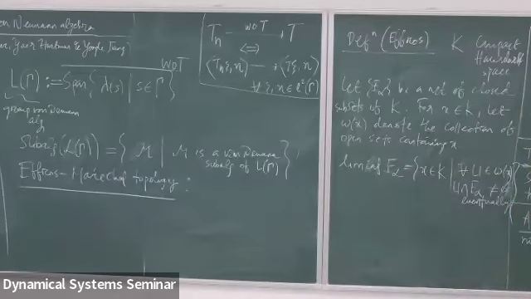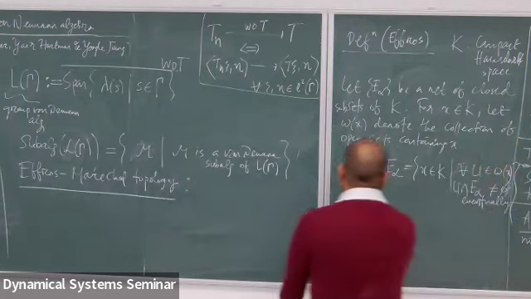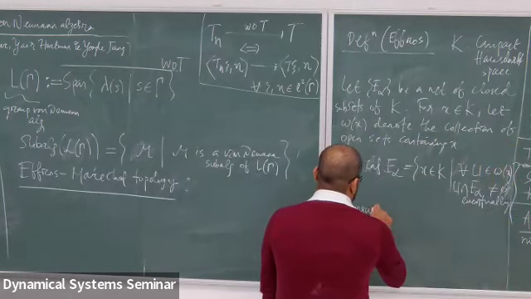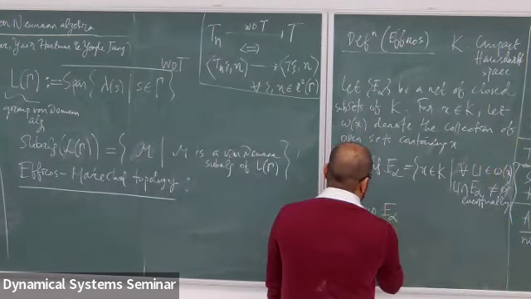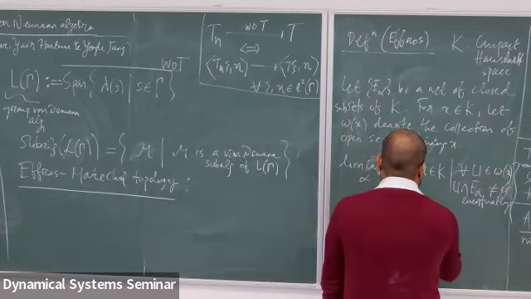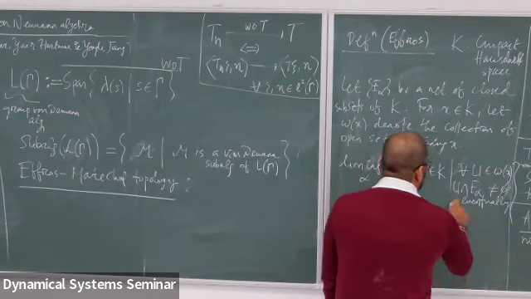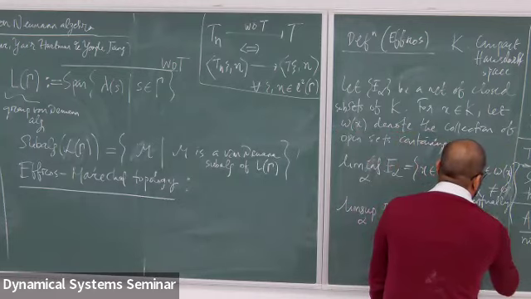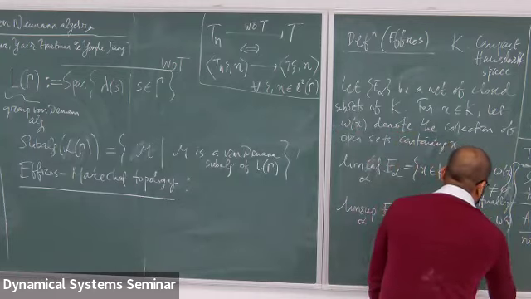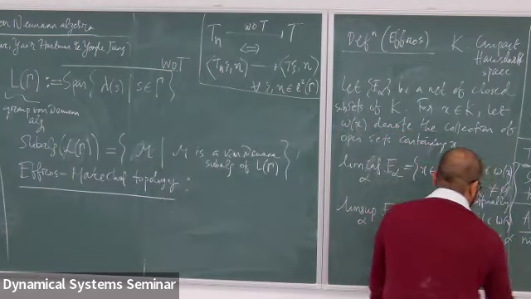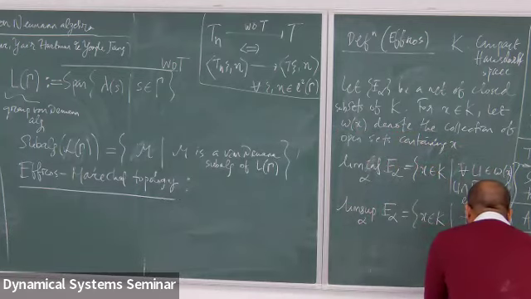So there's some point after which the intersection becomes non-empty. And then we can define lim sup to be all those elements in K such that for every open neighborhood U containing x, U intersection E alpha is non-empty infinitely often.